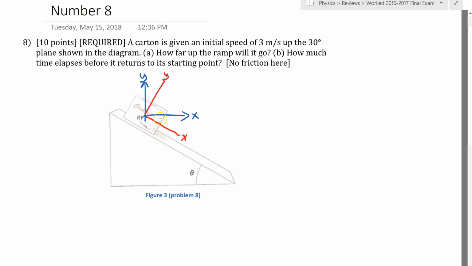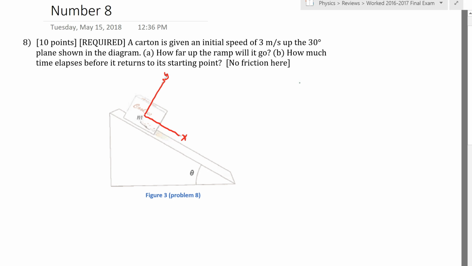Because if you knew the x acceleration in this set of axes, you couldn't then work the problem along the ramp. It would be really ugly. And generally, on a ramp, you want one axis lined up with the ramp and one axis perpendicular to the ramp. So that's what we'll do.